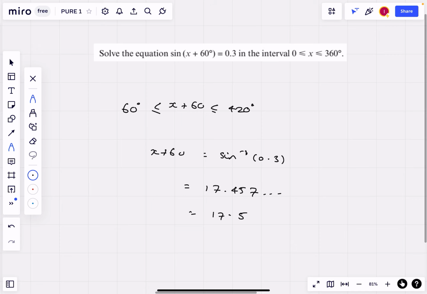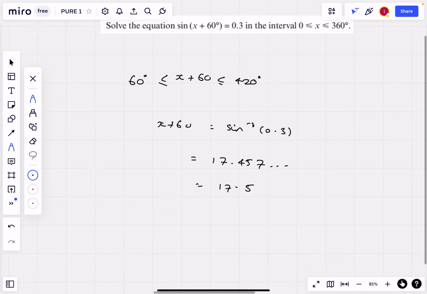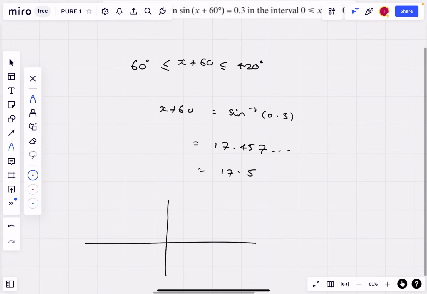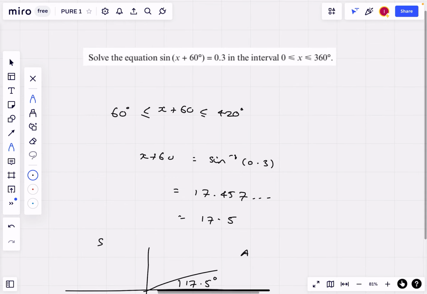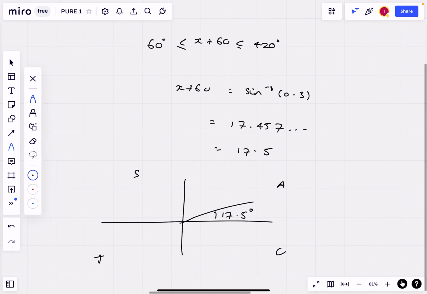Okay. Let's draw a CAST diagram. 17.5 is there. We have sine, meaning it reflects that way, 17.5 degrees. Our first arrow would technically go there.